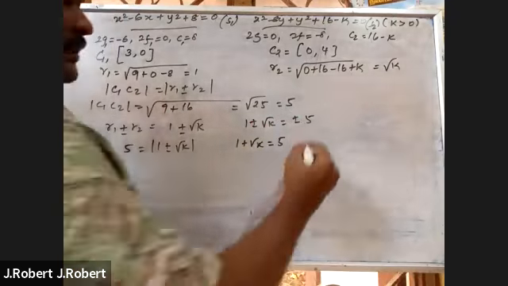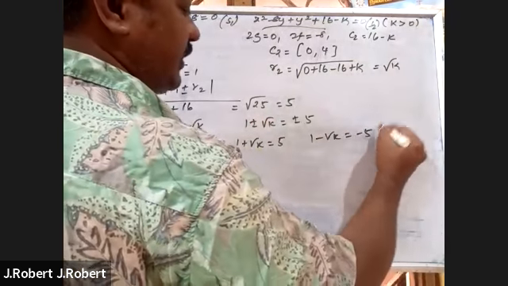Next, 1 minus root k, take it as minus 5.